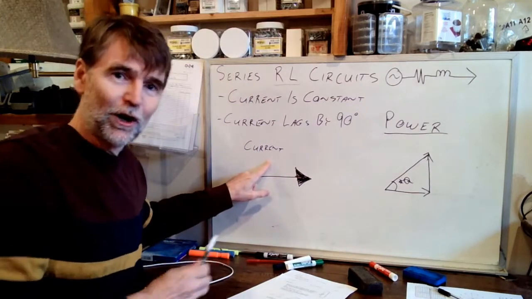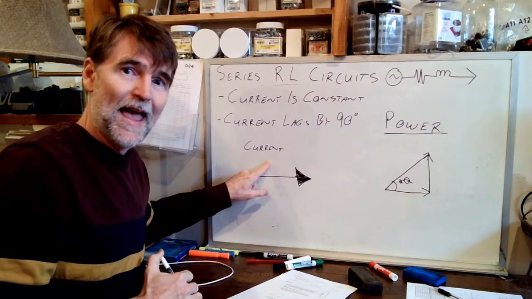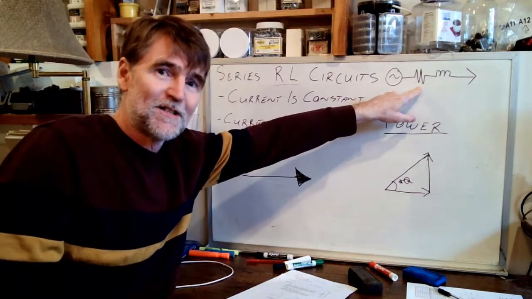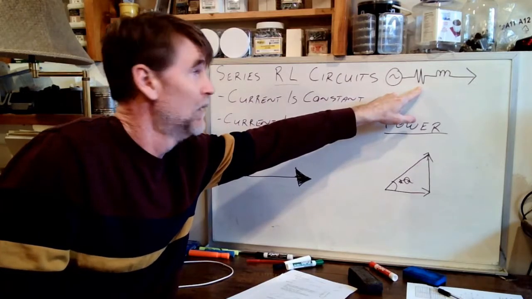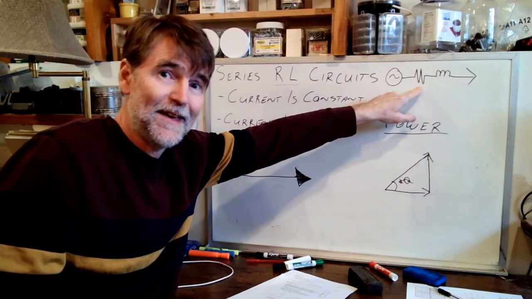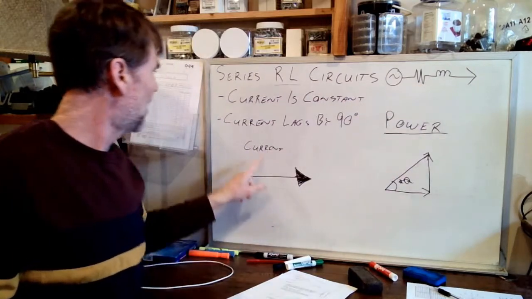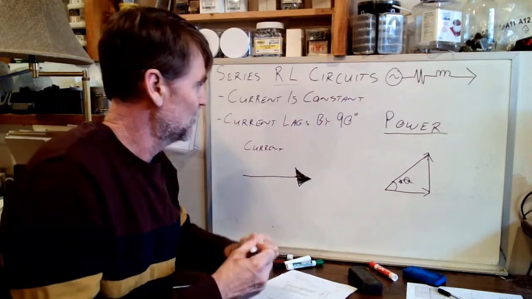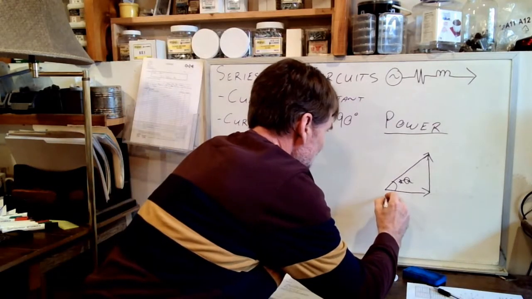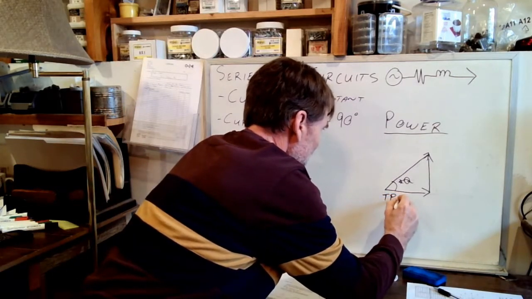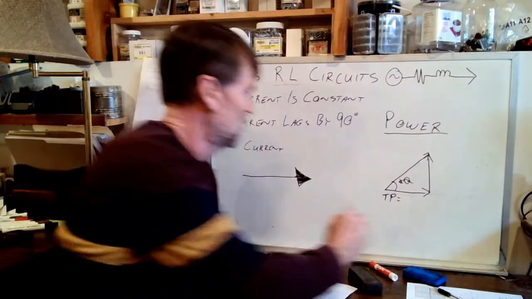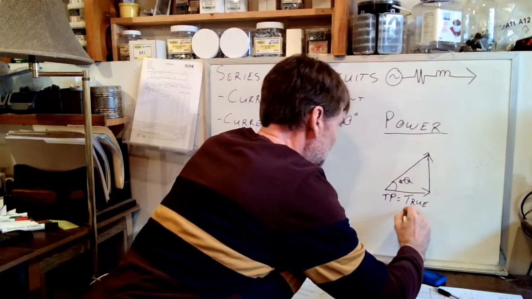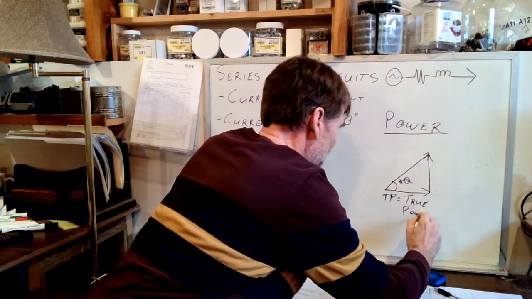When we take our current and we multiply it by the voltage drop across the resistor, okay, these are in phase, volts times amps gives us a value for power. Okay? And this is what we call TP, which stands for true power.